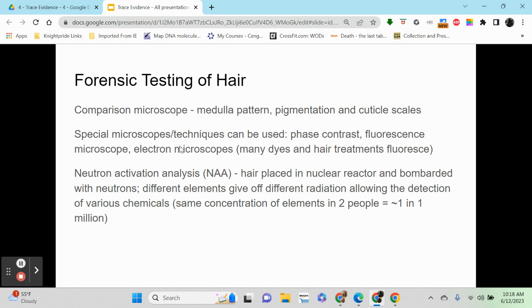All right. And so from those, they can then look at the relative amounts of each of those. Now, this gets to be a lot more specific. Again, the statistics tell us that the likelihood of two people having the exact same concentration of just nine of those different elements is about one in a million, right?